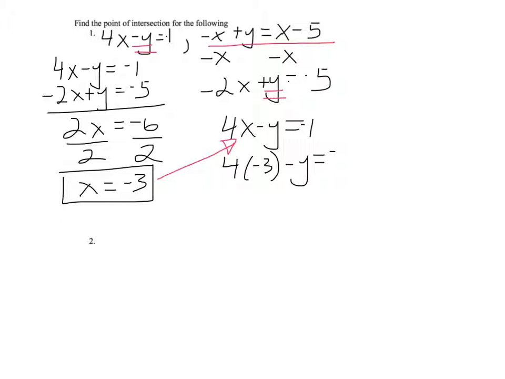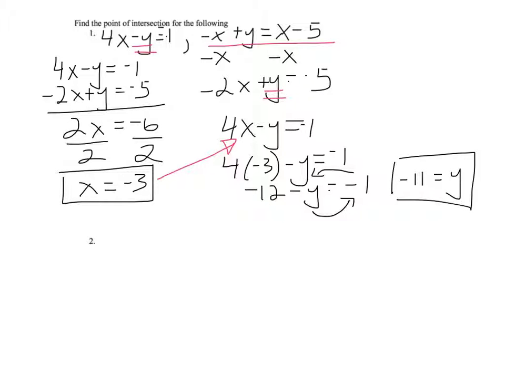Sorry, let's make that negative at the very beginning. So negative 12 minus y equals negative 1. I can move y over here and move negative 1 over here, and I end up with negative 11 equals y, the second part of my answer.